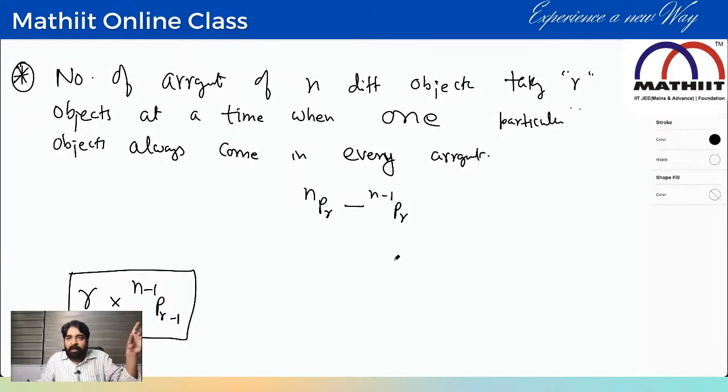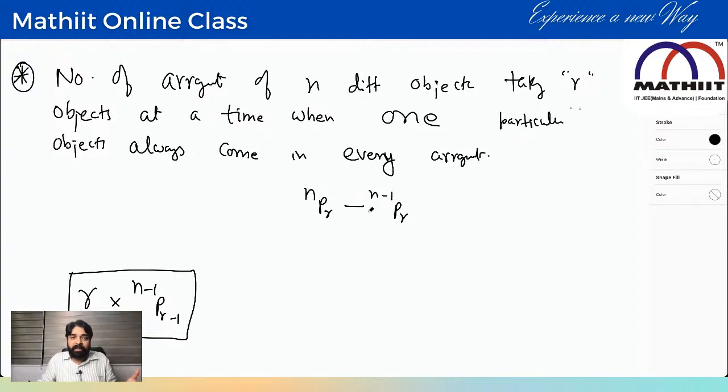So n minus 1 objects, R places, we say n minus 1 P r. I remove those arrangements. Whenever you want to remove arrangements, you have to subtract. This is the total cases when that particular object is there as well as not there. The particular object not there, I remove. So the balance is this, and this way also the answer can be written.